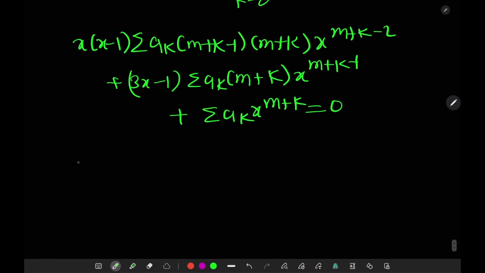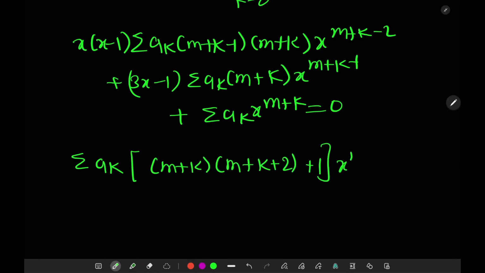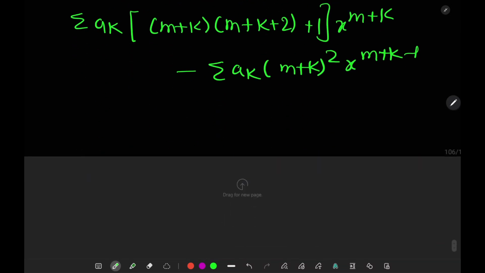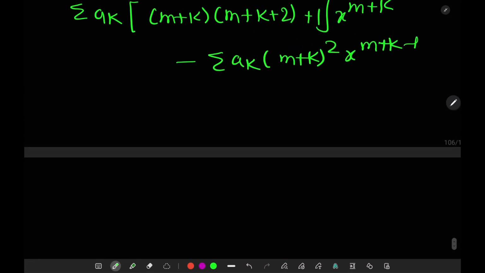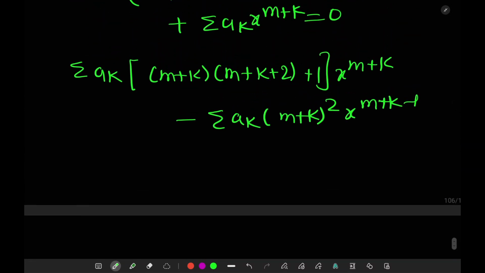Now solving this equation, we get this equation on solving. Now we need to find the initial equation, so we need to use the lowest power summation.